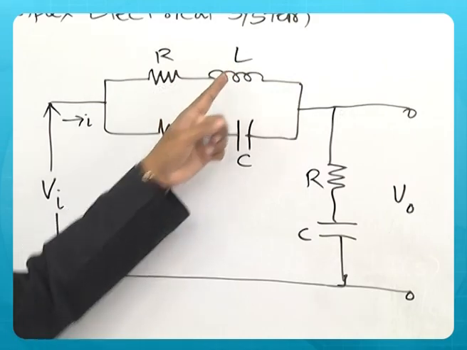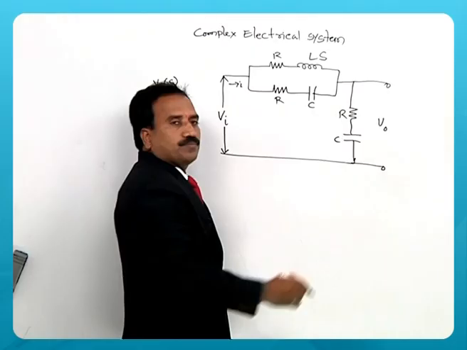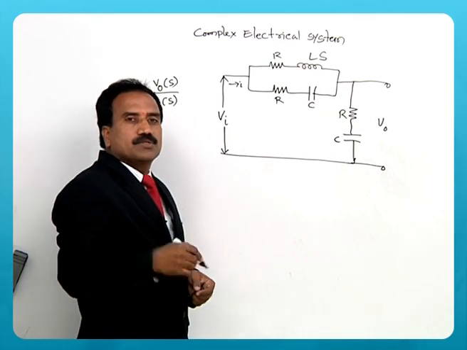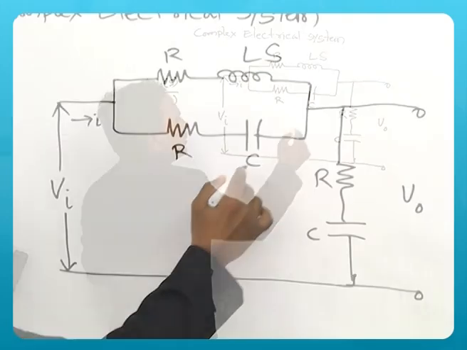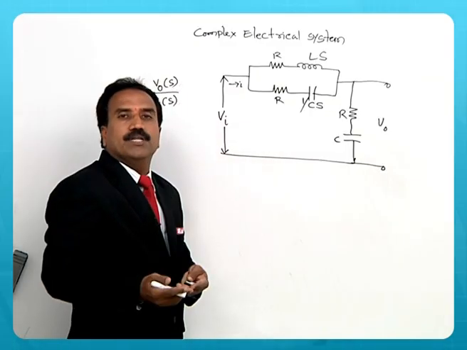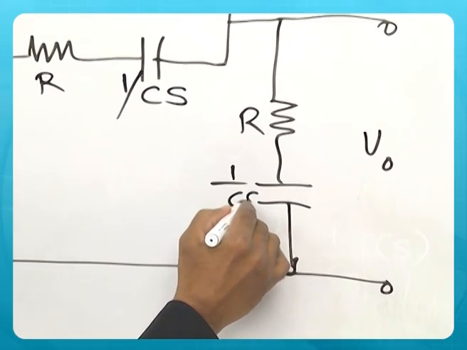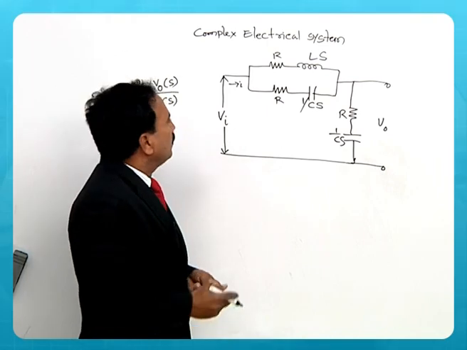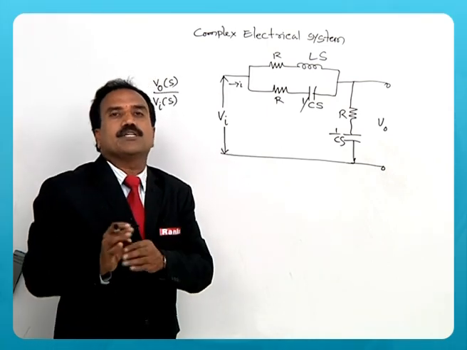For an inductor, L becomes Ls, and C becomes 1 by Cs. It is an impedance, and this C also becomes 1 by Cs.